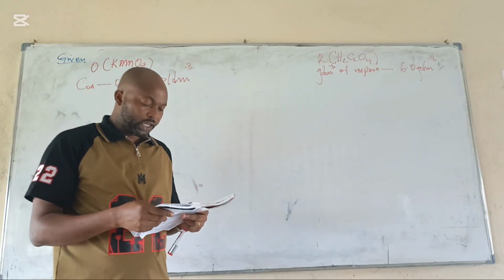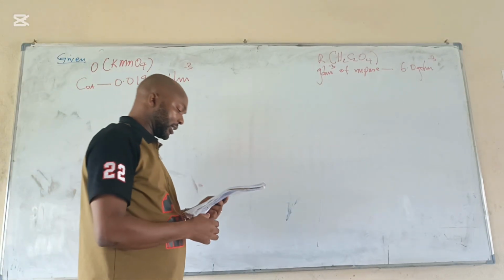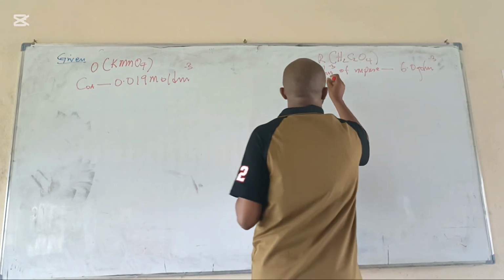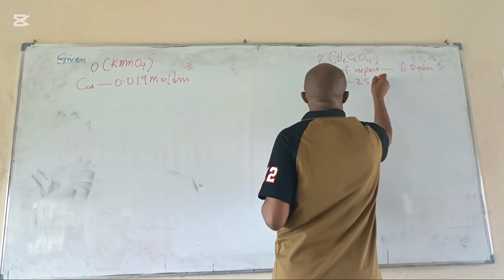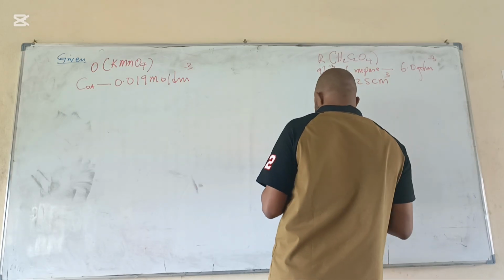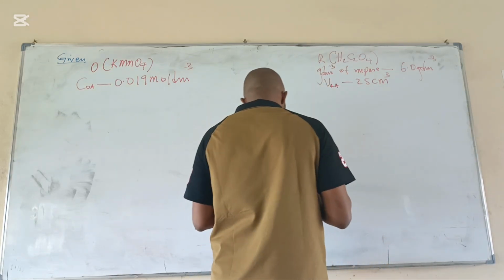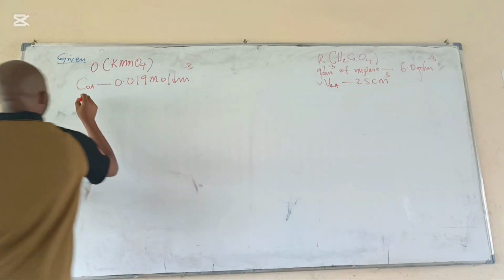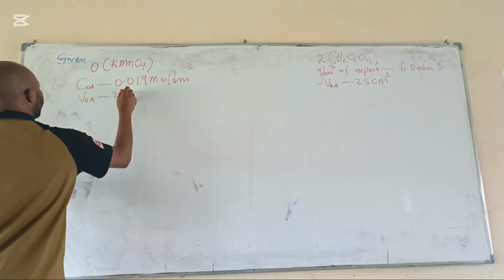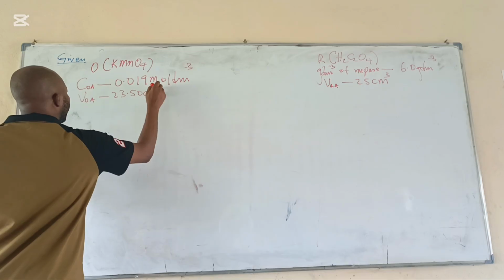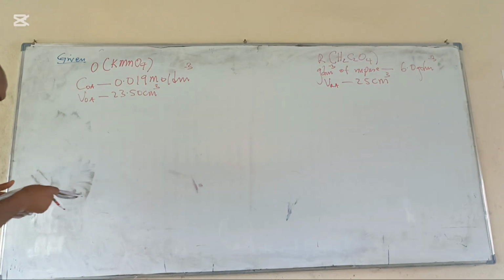25 cm³ of ethanedioic acid, that is the volume of the reducing agent is 25 cm³, reacts with 23.50 cm³. The volume of the oxidizing agent is 23.50 cm³.